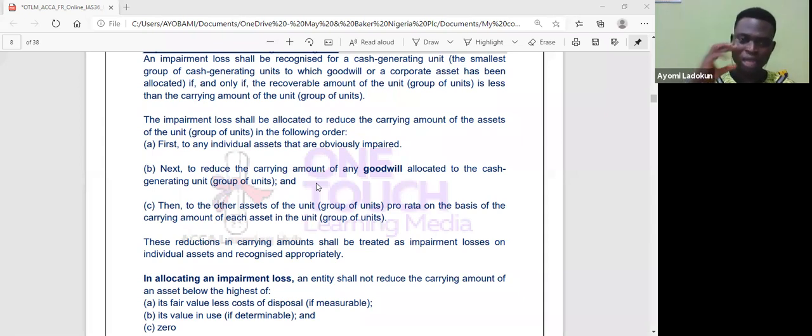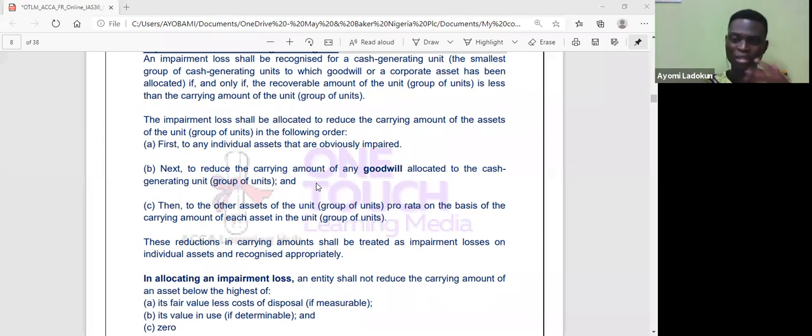Then you go to the last part, the balance that is remaining. Let's say I have 200,000 impairment loss. I have allocated 50 to the obviously impaired asset and 100 to goodwill. I have 50 left, which I will now allocate to the other remaining assets. That's what they call pro rata basis.